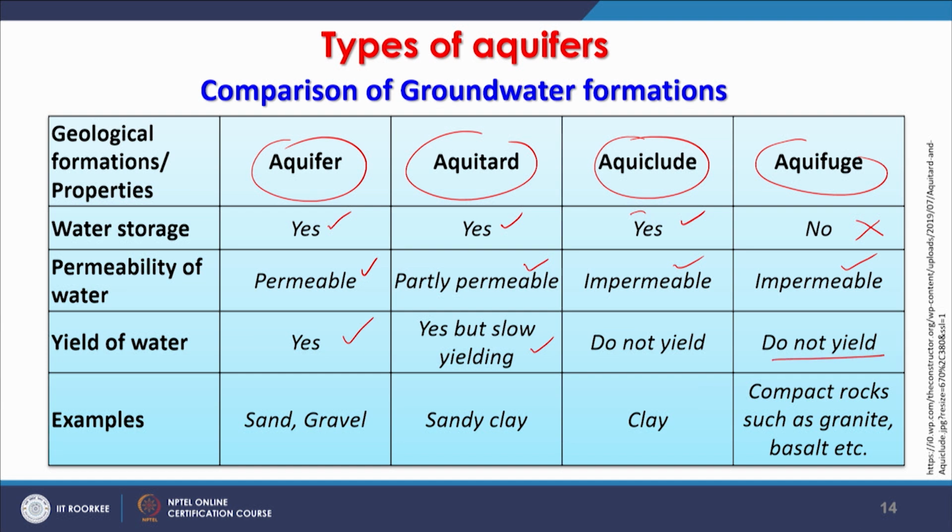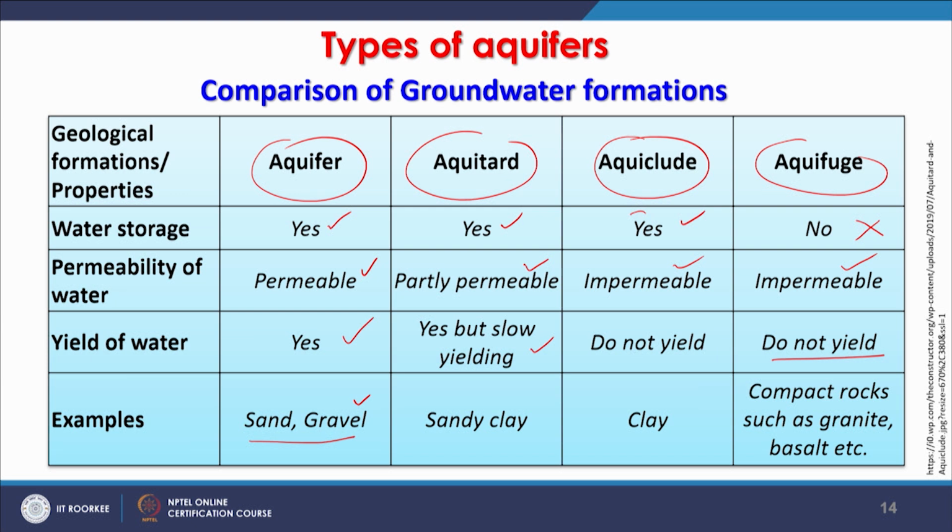Another example: what are the formations which can create such situations. In case of aquifers, sand and gravel; in gravel the movement of water is very fast, but sometimes it may disappear quickly also. Like we know that this Doon valley is filled with larger sediments compared to sand.